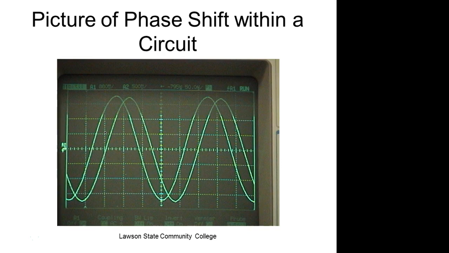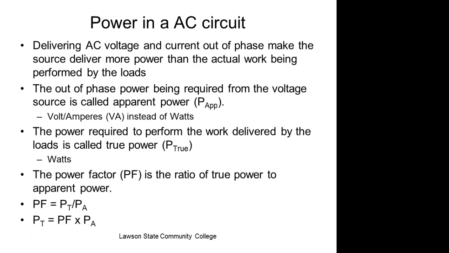So in AC, we have two types of power. We have what we call real power, and we have what we call apparent power. We pay for apparent power. Your power grid has to handle apparent power. Your transformers have to handle apparent power. So that means companies are trying to reduce it.